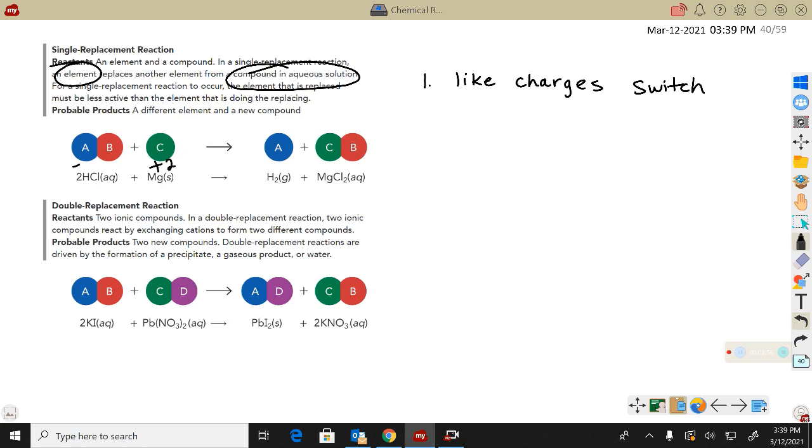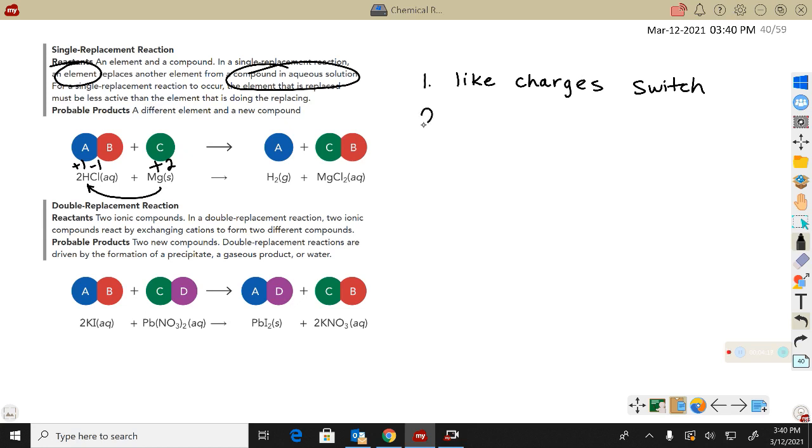And then I'm going to find the charges on the elements in my compound. +1, -1. So it's super handy to have your periodic table nearby because most of these charges should be on there. Okay, so now that I know my single element is positive, it would like to replace the other positive.